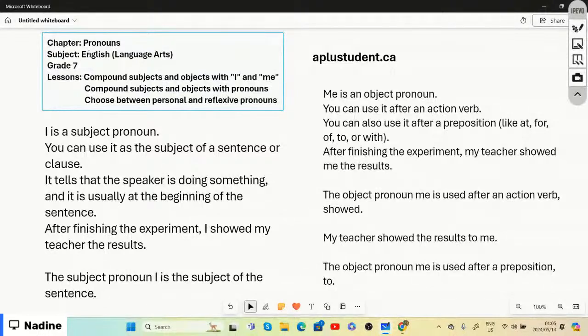The lessons we are focusing on today under pronouns are compound subjects and objects with I and me, compound subjects and objects with pronouns, and also choosing between personal and reflexive pronouns.